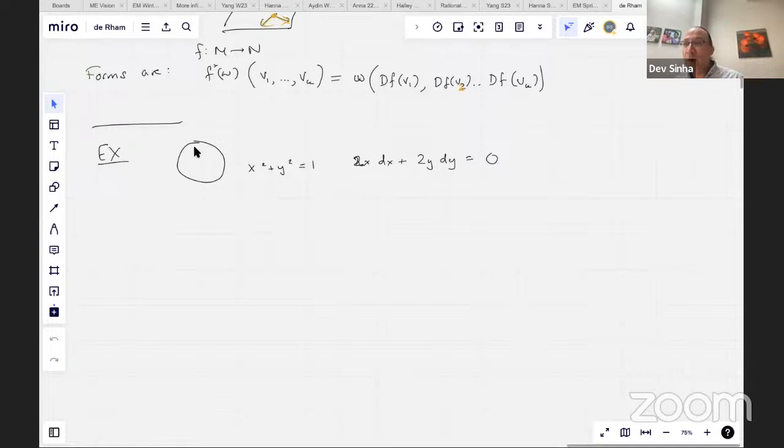But dx and dy exist, and d theta on the circle, by the way, let's sort of rederive the formula for d theta.